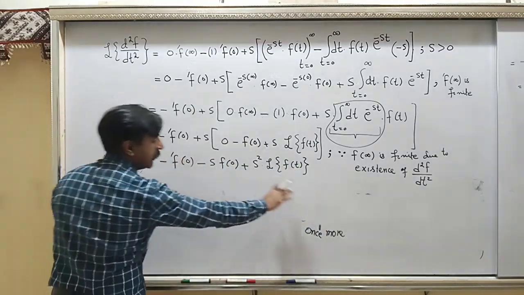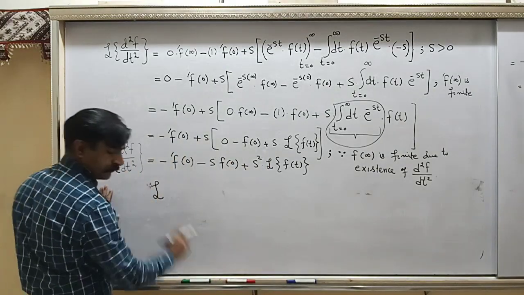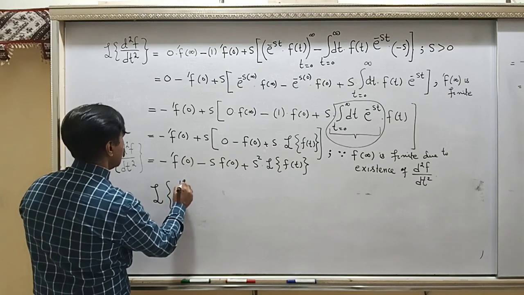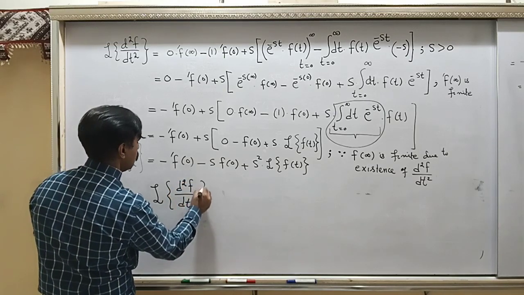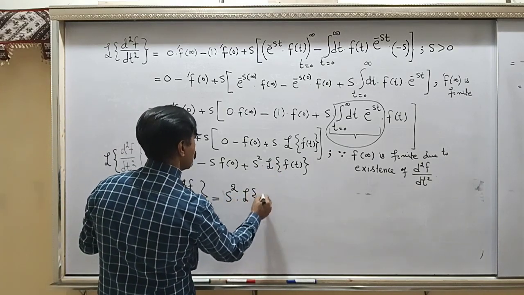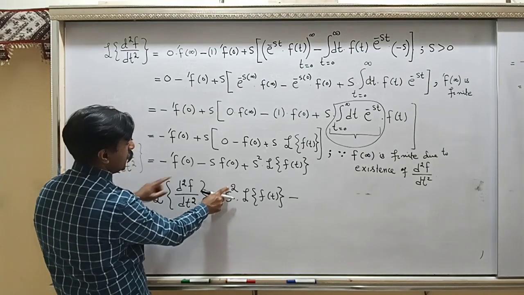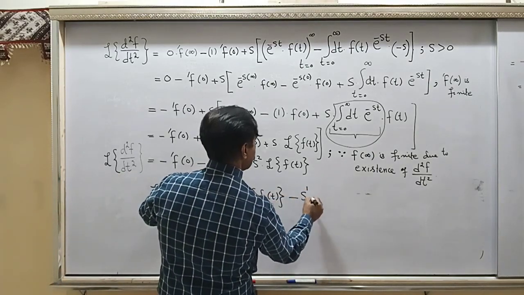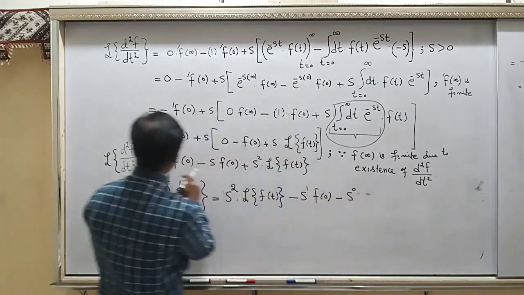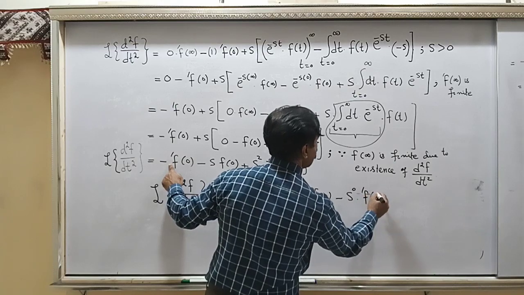Now you can rewrite this line: the Laplace transform of d2f by dt square is equal to, first write the s square term into the Laplace transform of f(t), then write the term whose s has exponent 1, which is minus s1 into f 0, and then minus s0, which will make 1, into f prime 0.